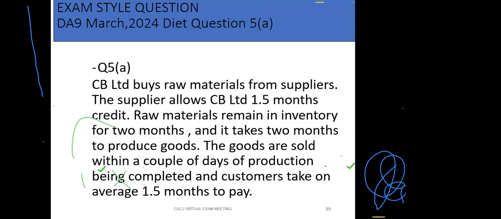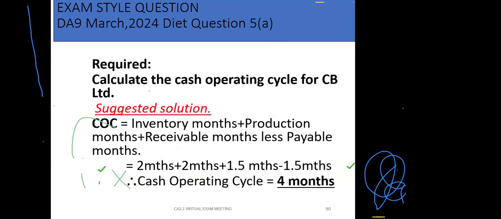Yeah, the goods are sold within a couple of days of production. So the requirement is to calculate the cash operating cycle for CB. So inventory months plus production months plus receivable months less payable months.